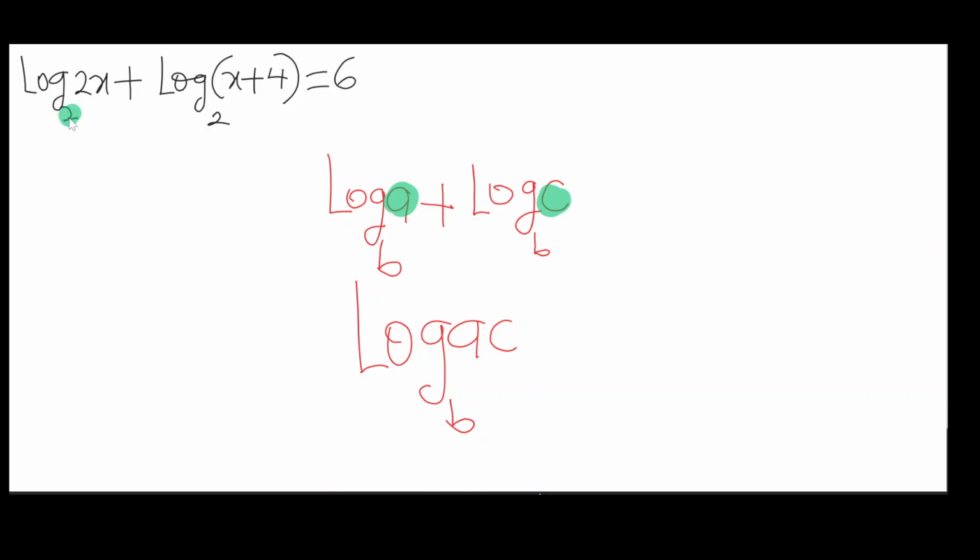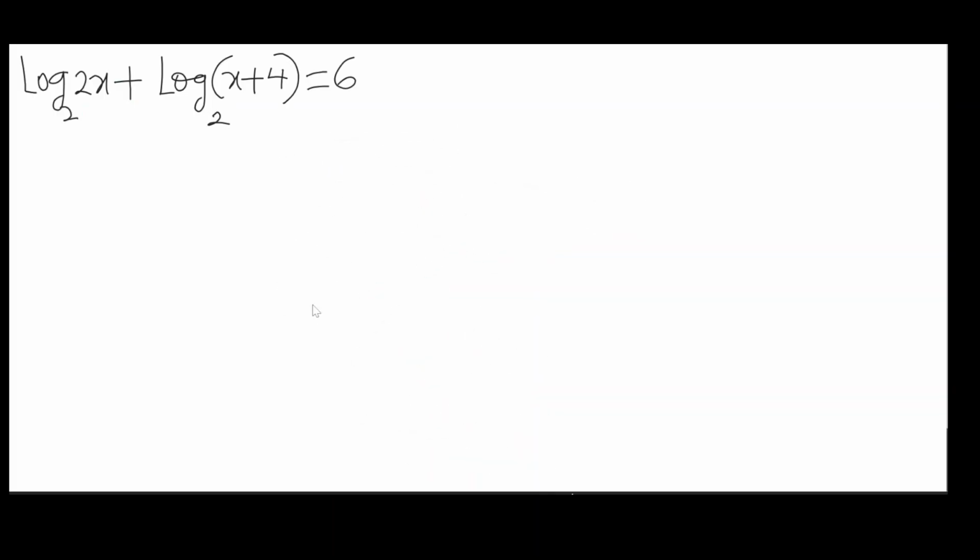In the question, we have base 2 here and base 2 here, meaning the bases are the same, and there is addition. So it means we can follow the rule that we've just talked about. Now let's quickly get that done. So this question can be written as log with base 2.